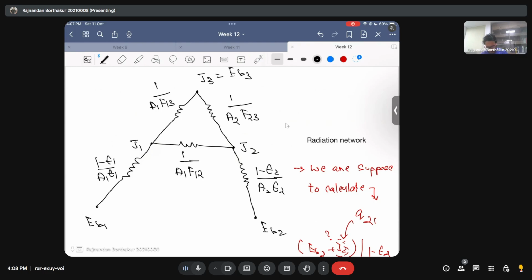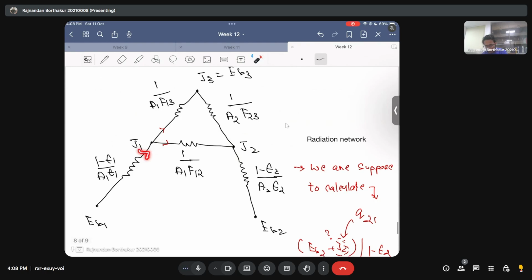For this we'll apply the Kirchhoff junction law, which says that the net current coming into a junction is equal to the net current leaving the junction. It is very simple and straightforward. In terms of current, it comes from electrical circuits. Now what we'll say here is that the net radiation flux coming into this branch is going to be the net flux that will leave this branch.